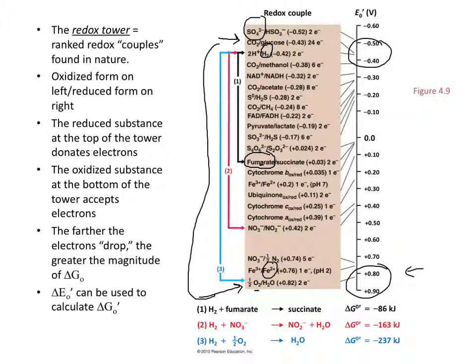In fact, many microbes do use that process. So the redox tower is a convenient visual that we can use to figure out what combinations of molecules could theoretically serve as electron donors and acceptors found in a cell's environment, and that helps us make predictions about microbial growth in different environments.